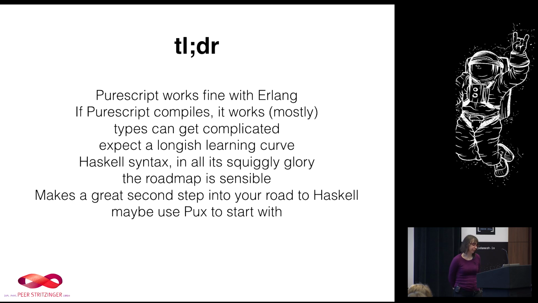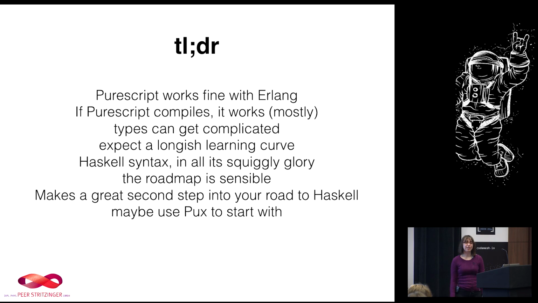Also, Purescript works fine. And if it compiles, it works. Types will get complicated if you get into Halogen and that sort of stuff. And you should expect to spend a little bit more time learning it. But I think it's very rewarding, and you do feel quite powerful, like a genie out of the lamp.